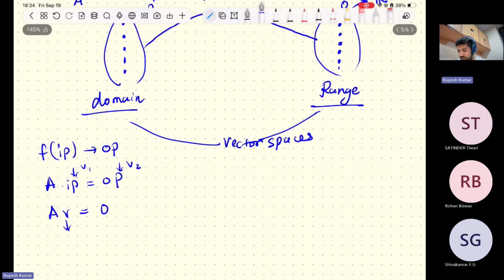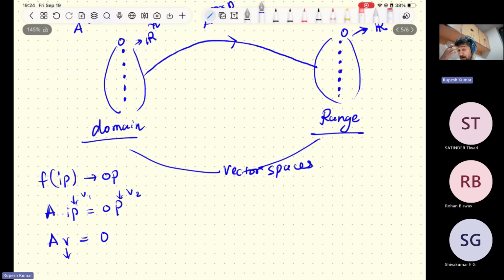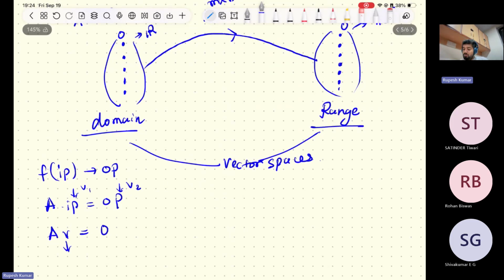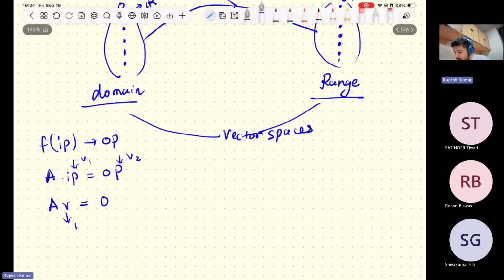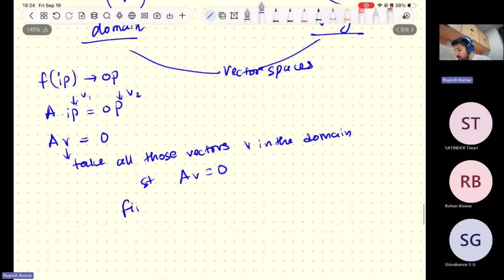Are there any such vectors in the domain? If there are, take all those vectors v in the domain such that Av equals 0, and find their span.